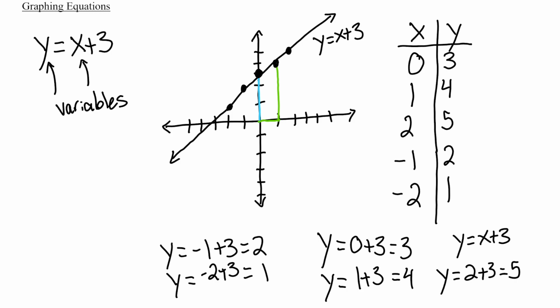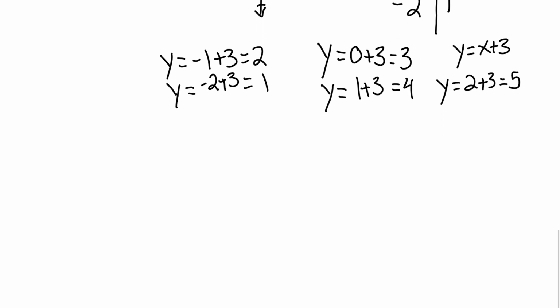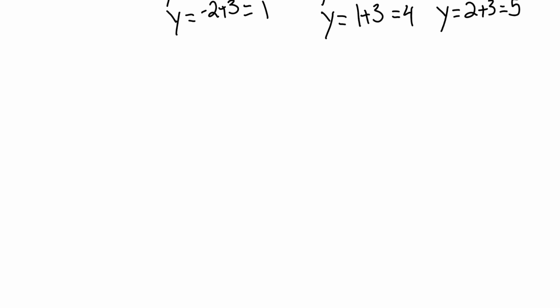So let's do one more graph here. So we're going to start fresh. Another common one to look at, because this one looks completely different, is y equals x squared.